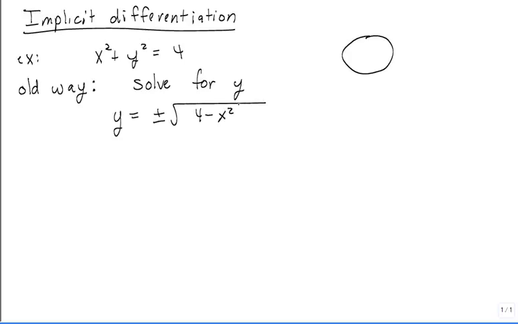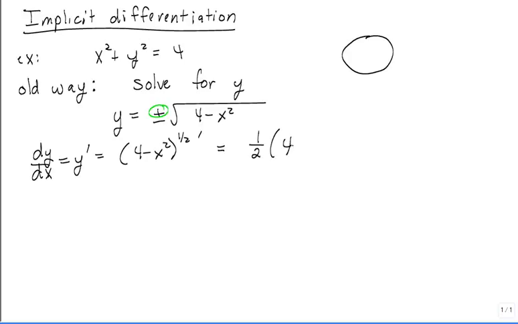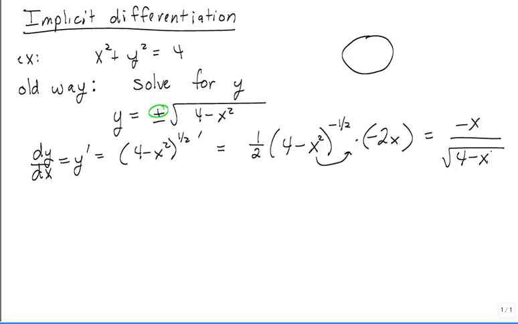So let's just take the positive one, just for this example. So dy dx, or y prime, would be the derivative of 4 minus x squared to the 1/2. And that's using the superpower rule. We'd bring the 1/2 down, leave the inside alone, subtract 1 from the exponent, come back, take the derivative of the inside. So we have minus x over the square root of 4 minus x squared.